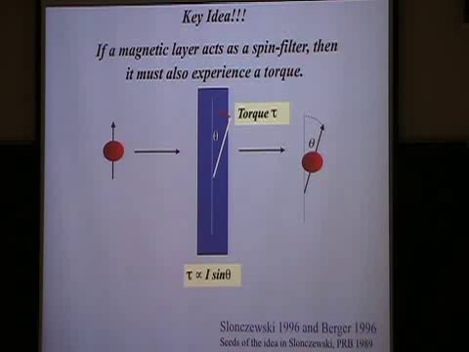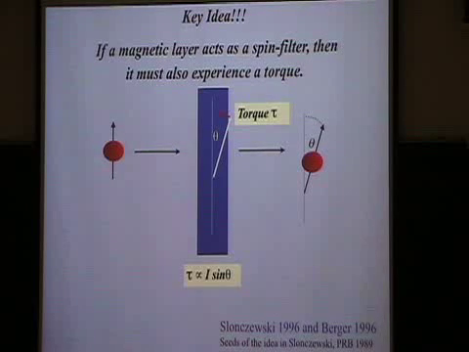So there's coupling between two magnetic layers through a tunnel barrier, just like there can be transfers of charge. And he also saw there was a non-conservative part to that coupling. That non-conservative part is the spin transfer interaction.